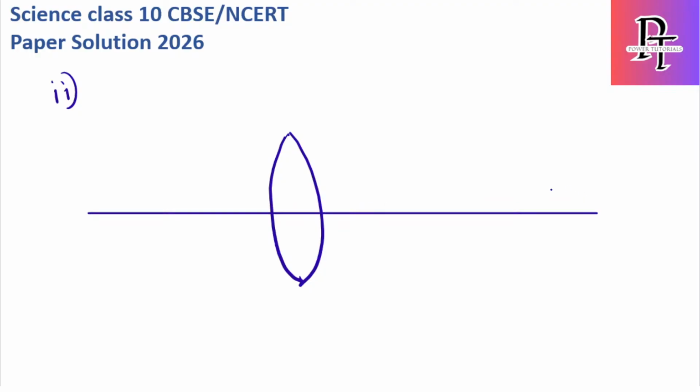Okay, this is the principal axis. We have 2F1, F1, then we have F2, 2F2. The distance we know, it is 25, 50, and this is 25, 50.